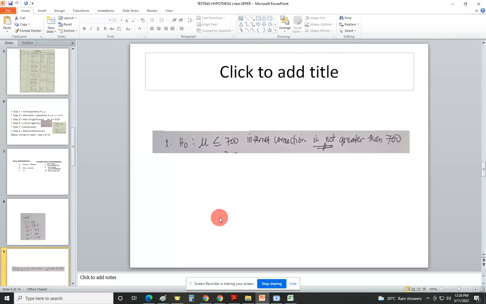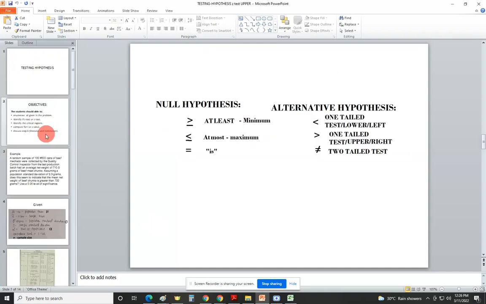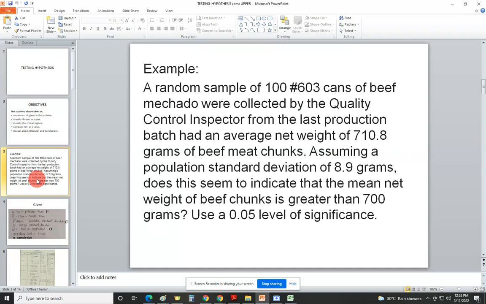About Christian Martires, is that the claim? Okay, no. That's not the claim of the manufacturer because I explained it a while ago that, what if the claim of the manufacturer that my product contains greater than 700 grams of this meat, no? So it's not.